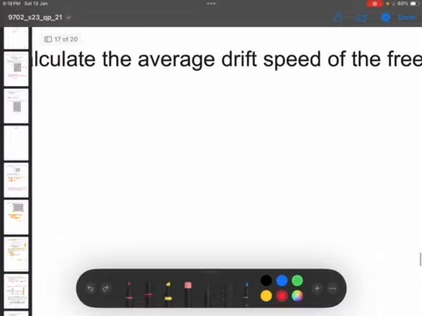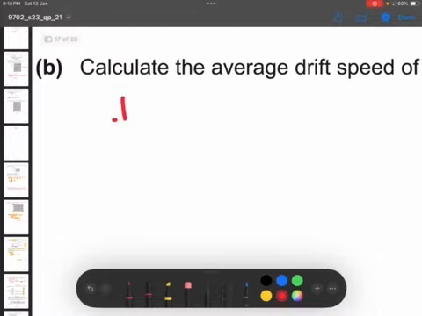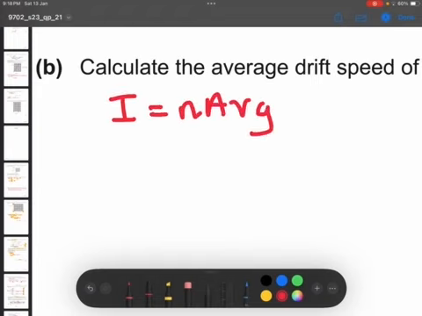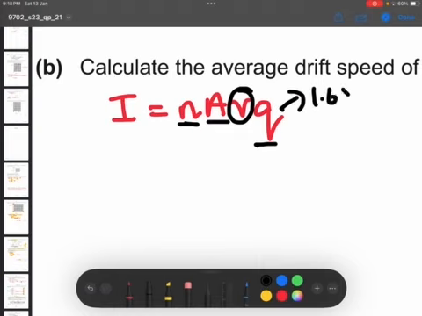That equation says I equals n A v Q. In this case, n again is number density, A is the cross-sectional area of the wire, v is the drift speed, and Q is the charge of the charge carrier, which here is the elementary charge of the electron, 1.6 times 10 to the power of minus 19 coulombs.